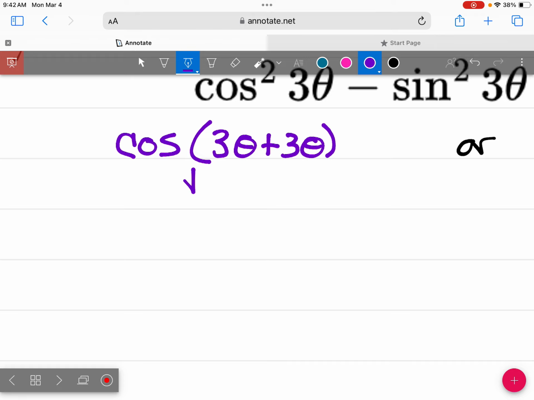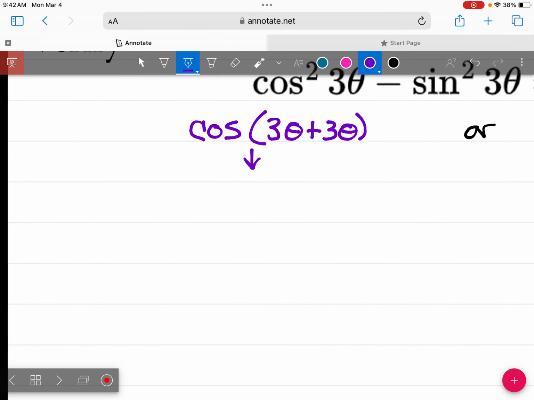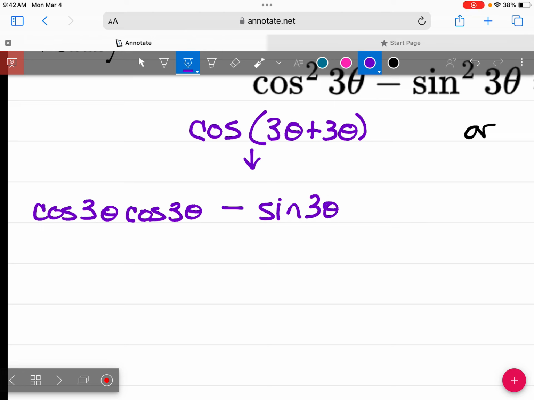So on the addition formula, cosine stays with his own buddies. So we know that's going to be cosine of 3 theta, our first one, cosine of 3 theta, the second one. Cosine uses the opposite sign. And then we're going to have our sine of the first angle, sine of the second angle.